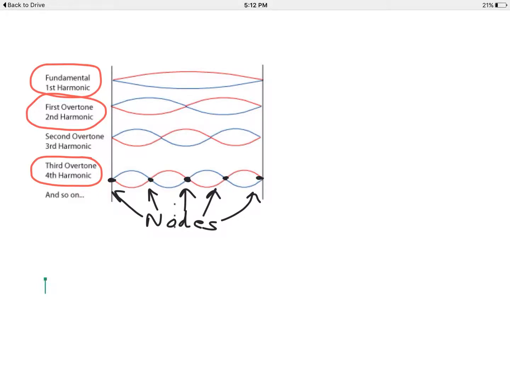Because the string is moving from red position to blue position, and you have wide spots that are antinodes, 4 of them in this case. There's this spot, this spot, this spot, and this spot. Those theoretical blue dots, there's no blue dots, but they're vibrating from those positions back to the bottom positions, back and forth, back and forth, back and forth.